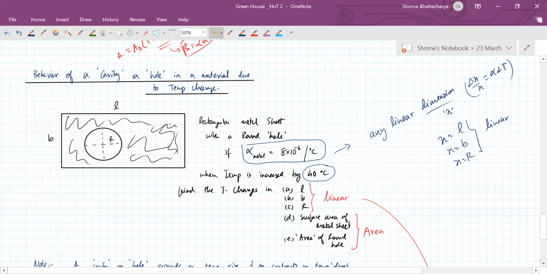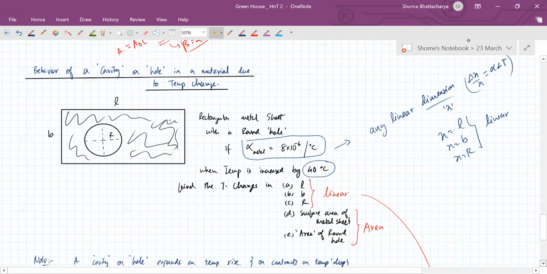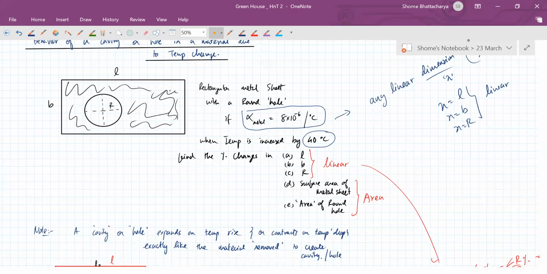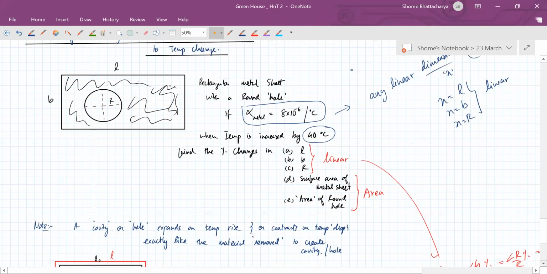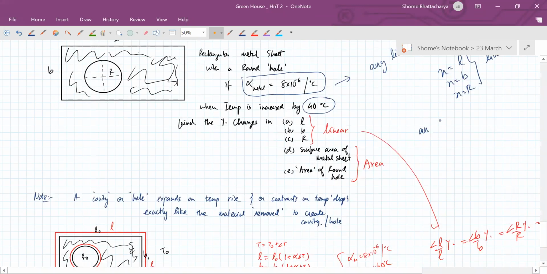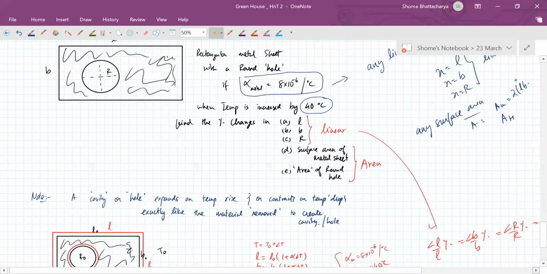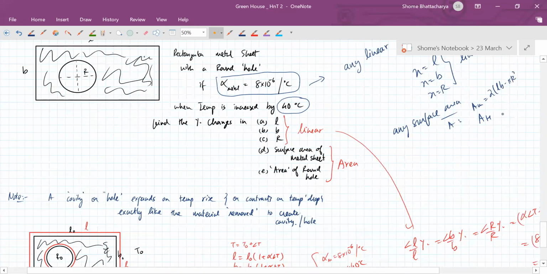When you're converting to a percentage, you multiply by 100. Whereas for any area dimension, any surface area, this could be the area of the metal surface or the area of the hole. The metal surface is LB minus pi r square twice over, and the area of the hole is just pi r square, but they are both area dimensions.